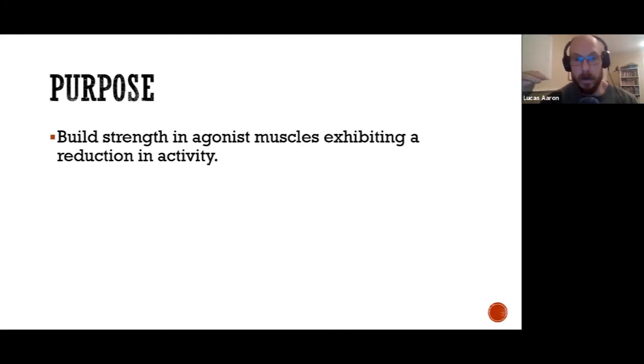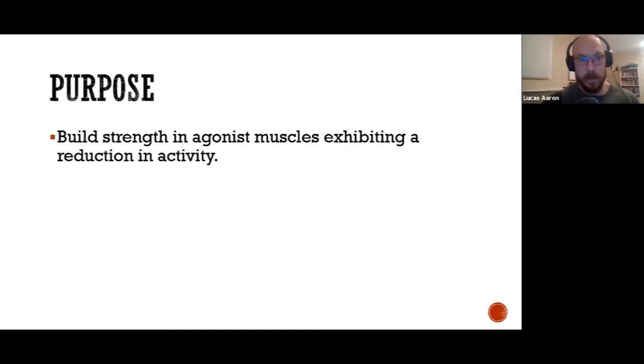And in doing so, we may choose end range agonist activation exercises that would provide hip flexion in a range that is above hip to knee level so that they start getting activity in those muscles in the ranges that we're trying to exhibit. So this is how we break things down further and build strength.